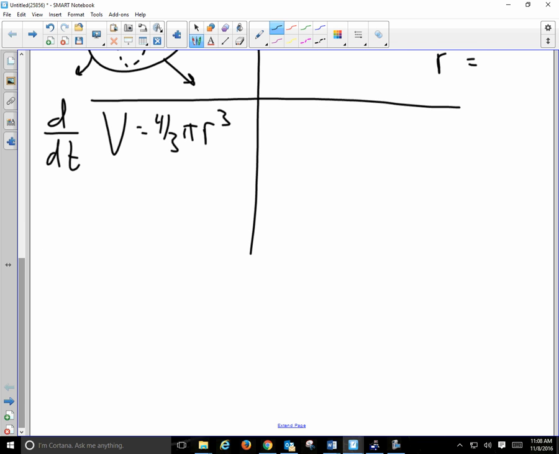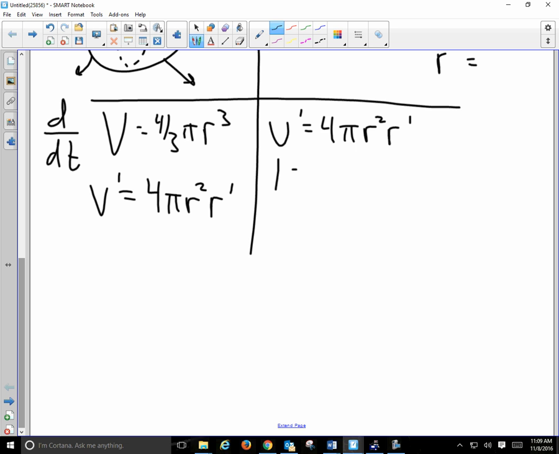Derivative of V, V prime. Derivative of 4 over 3 pi r cubed, r prime. So that's my derivative. V prime is equal to 4 pi r squared r prime. And we know V prime is 1.